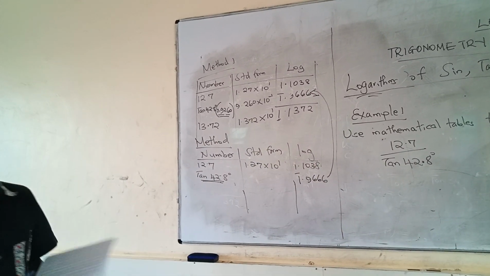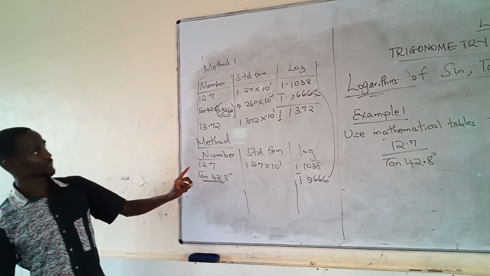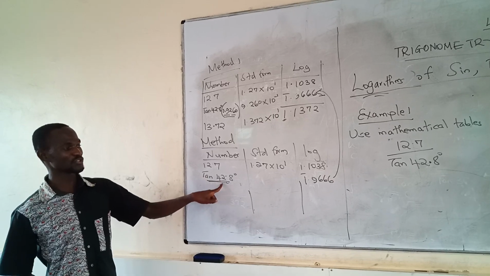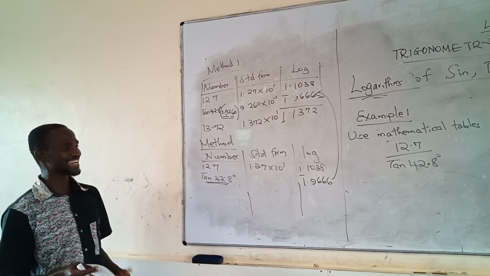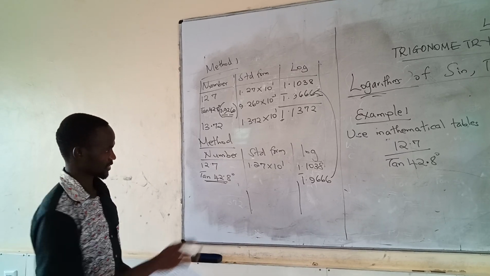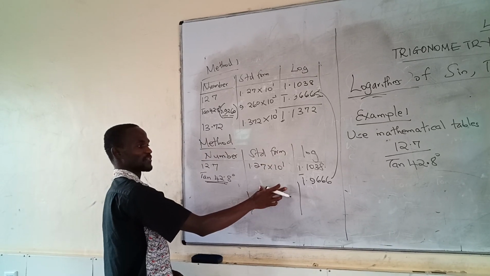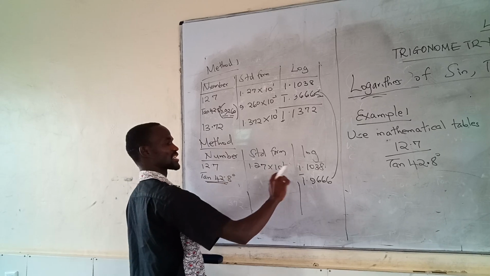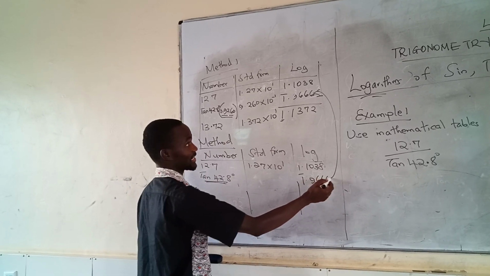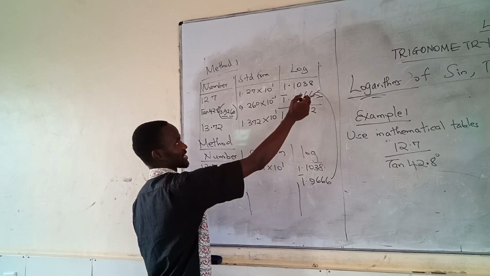Clearly you see the resemblance. In method 2, we are going to look for the logarithm of tan 42.8 degrees directly from the logarithms of tangent. So we are not writing anything in the standard form. Whatever we get, we write it straight to the log. You can clearly see there's that resemblance.